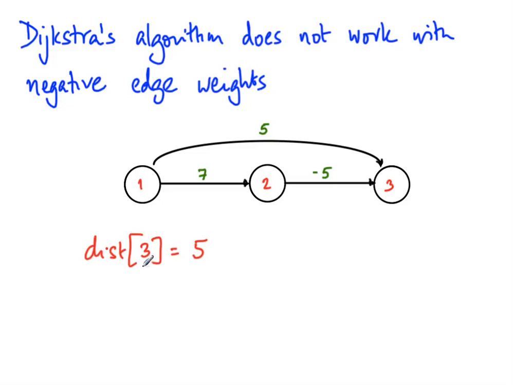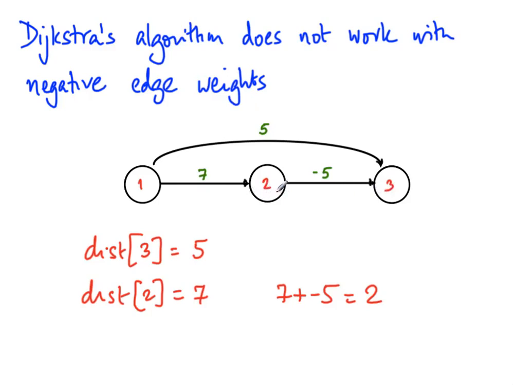But when in the next iteration we compute that the distance of 2 is 7, then we now have the fact that 7 plus -5 is 2. And so there is actually a shorter path from 1 to 3 via 2. But because Dijkstra's algorithm assumes that all costs are positive, it assumes that if it costs more to go to 2 than it did to get to 3 to begin with, then adding an edge 2 to 3 can only increase the cost.